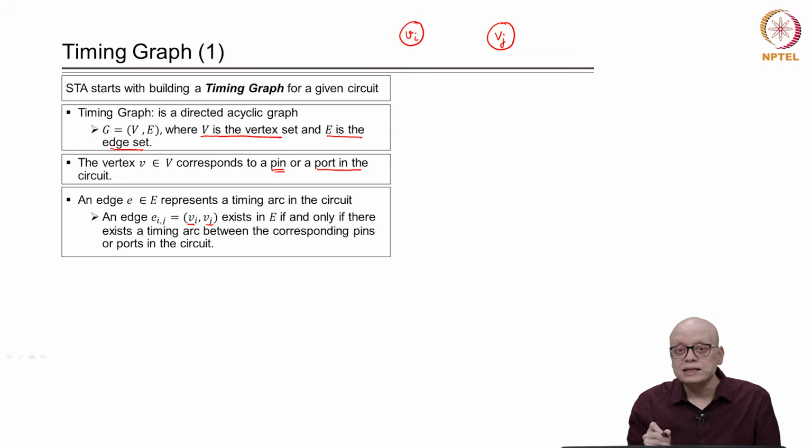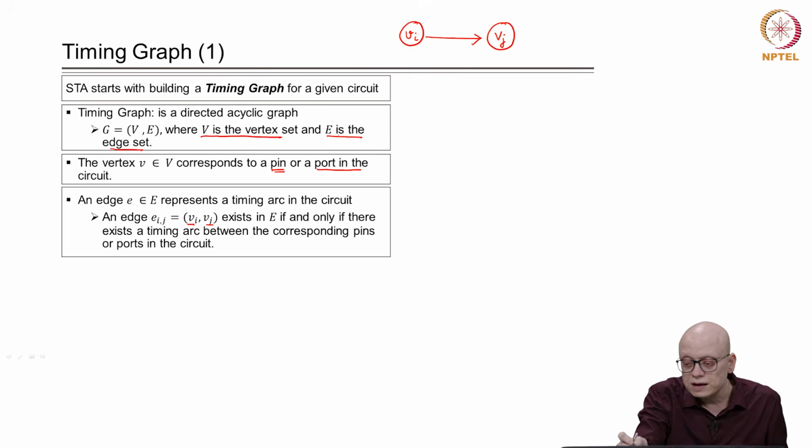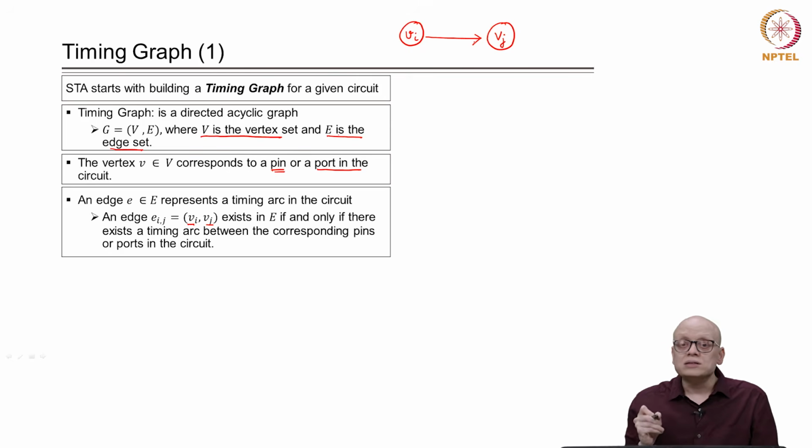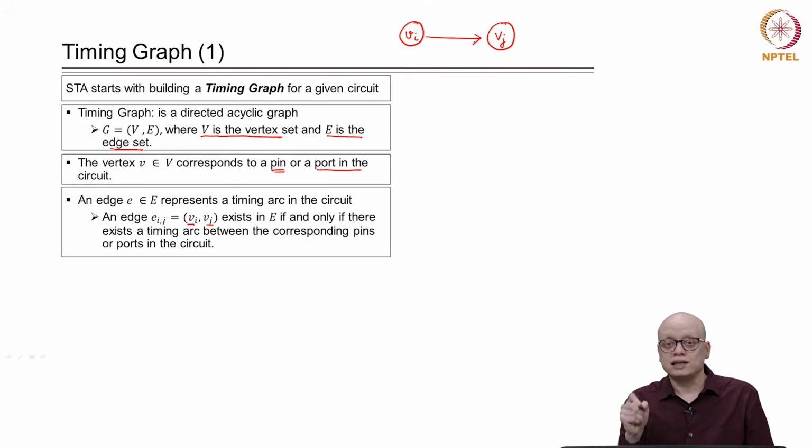Now, there will be an edge existing between them, with the direction same as the timing arc, if for the given vertices Vi and Vj there exists a timing arc in the circuit also.